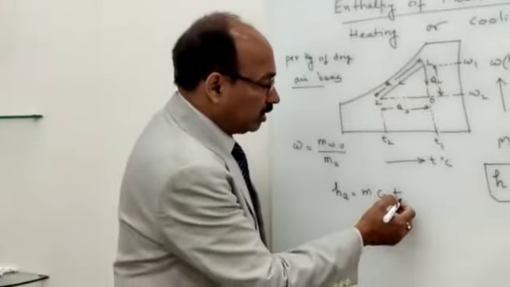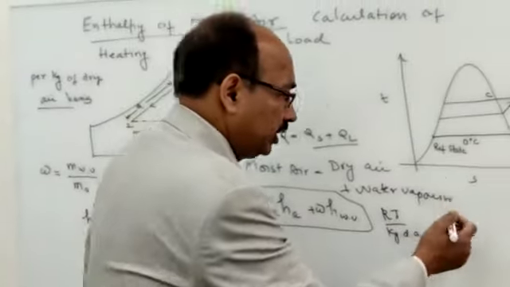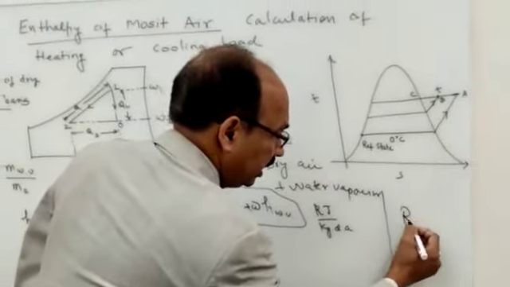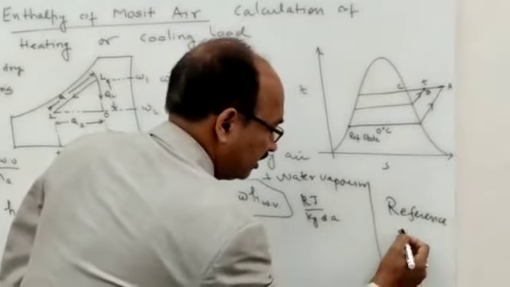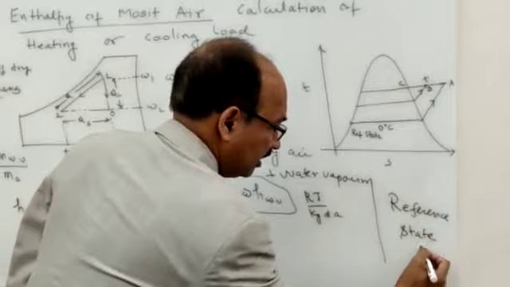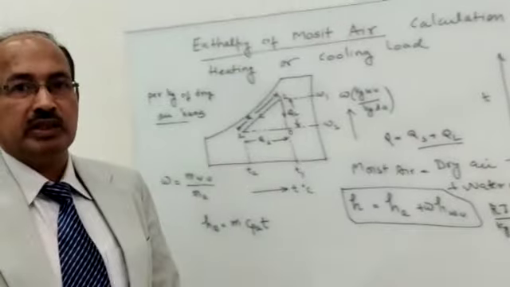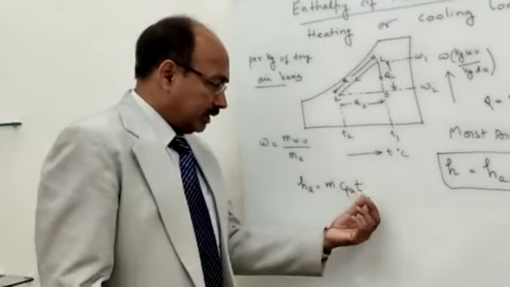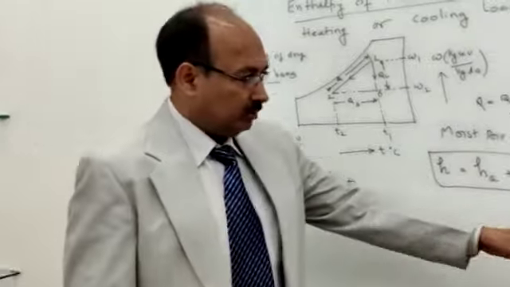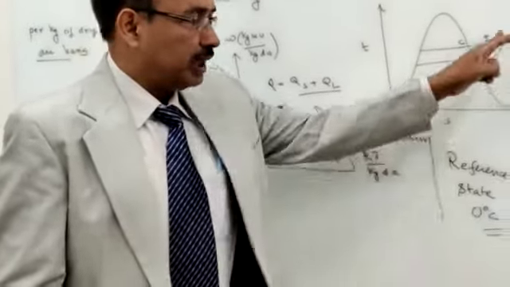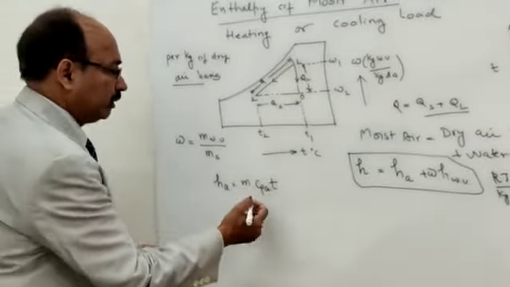Now here I write T because in air conditioning the reference state is 0 degree centigrade. That means at this value of temperature enthalpy is 0. So whenever I just multiply by a temperature, this reflects enthalpy change from state 0 degree to the actual state of the dry air. So this is a very simple thing.